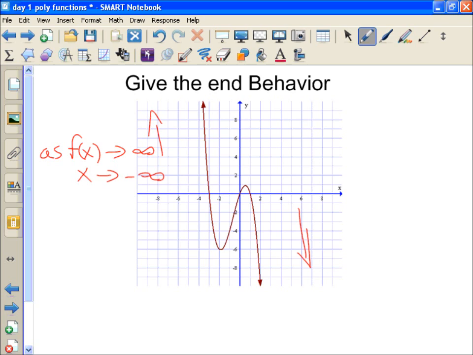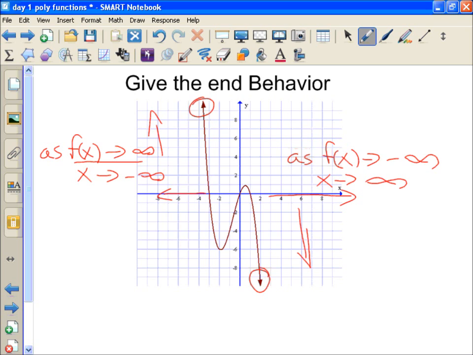That's this side. As f of x gets big, x gets smaller. And on the other side, we would say as f of x approaches negative infinity, because it's going down, x approaches infinity. X gets bigger and bigger.